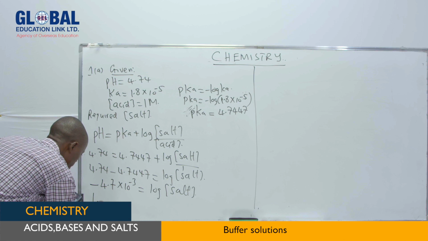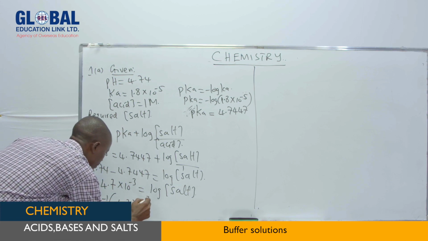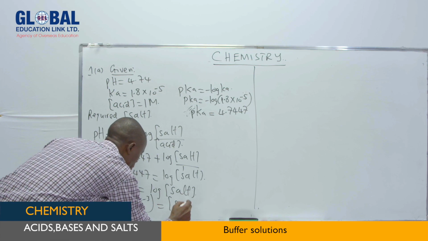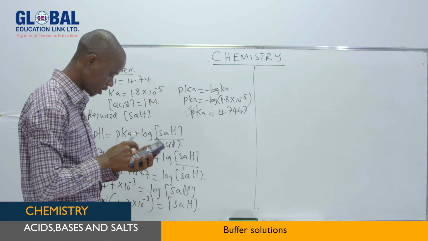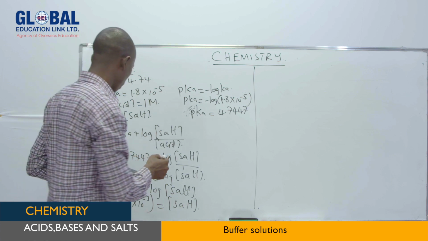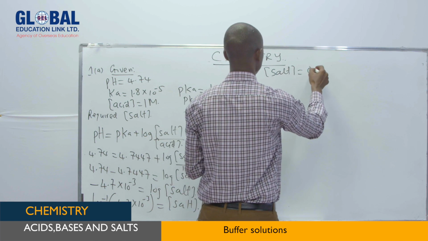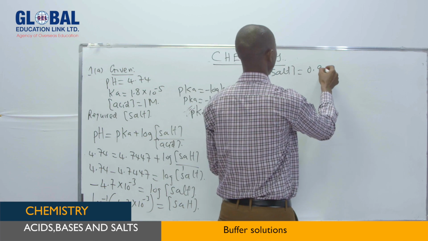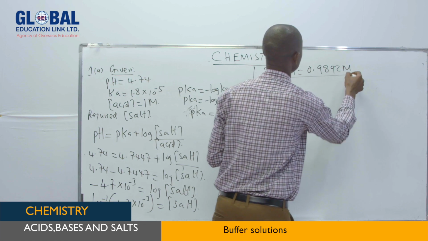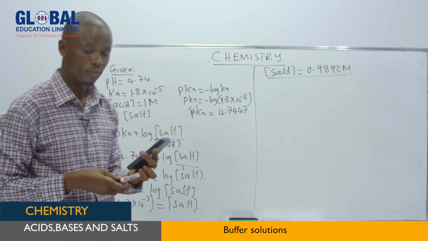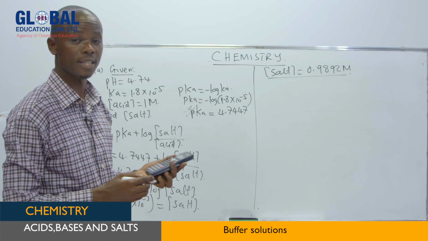So log inverse of this negative 4.7 times 10 raised to negative 3 equal to concentration of the salt. Now you take your calculator, inverse logarithm of the answer. You are going to get the following. It will be equal to 0.9892 molar. So this is the concentration of the salt. That is number 1.